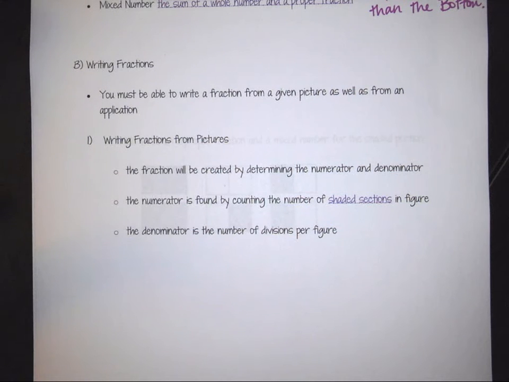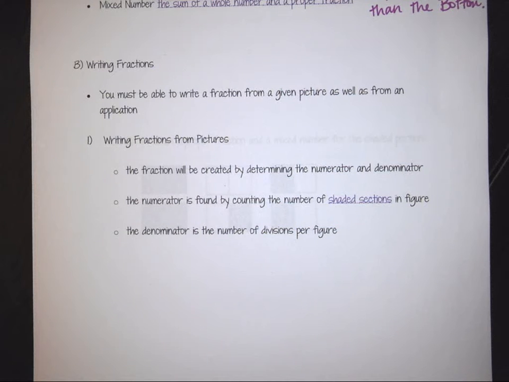So there's a simple way to do that. When we're talking about the picture, the fraction itself is created obviously by determining which part of your image is the numerator and which part of the image is the denominator. Your numerator will be found by counting the shaded regions in whatever figure or image you're looking at.